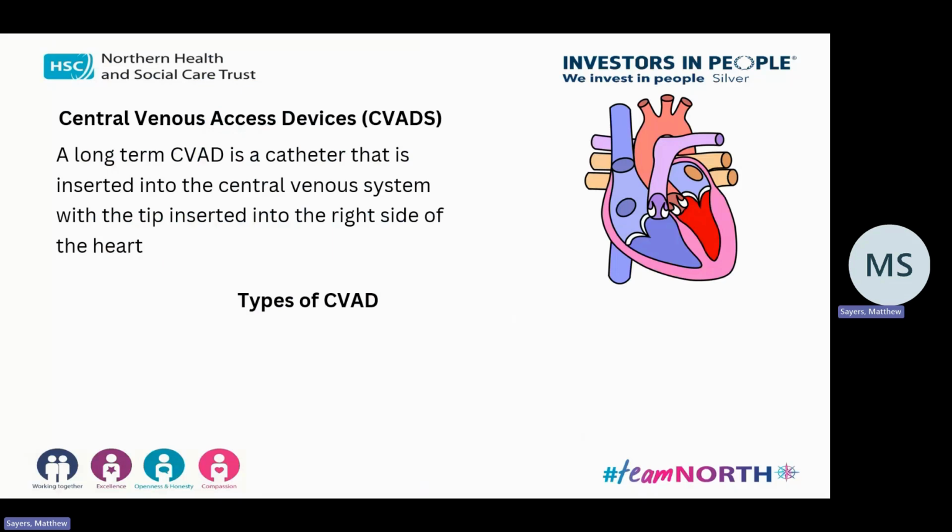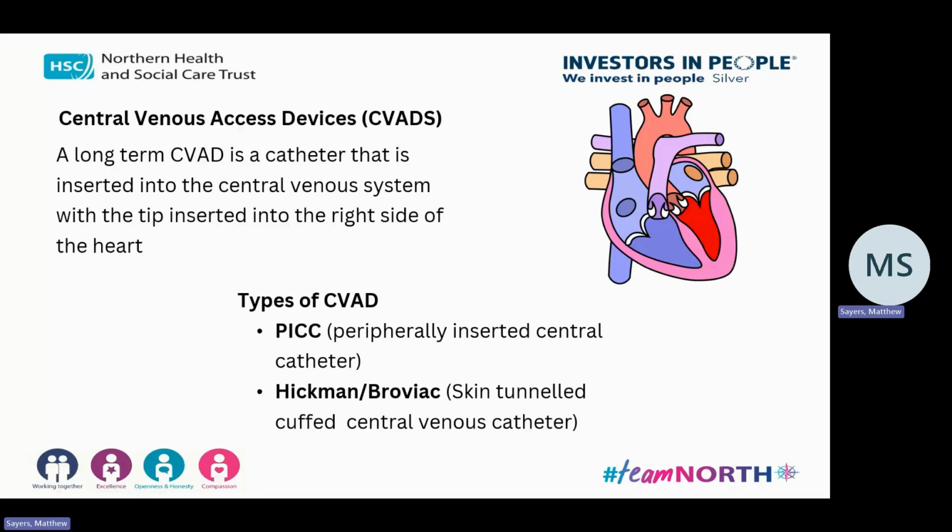So a long-term CVAD is a catheter that's inserted into the central venous system, and the tip is inserted into the right-hand side of the heart. So you've got different types of CVAD, and in the past we would have seen more of these, the PICC lines, peripherally inserted central catheters, and the Hickman-Broviacs, which are the skin tunneled ones, and they would have been commonly referred to as Mr. Wiggly.